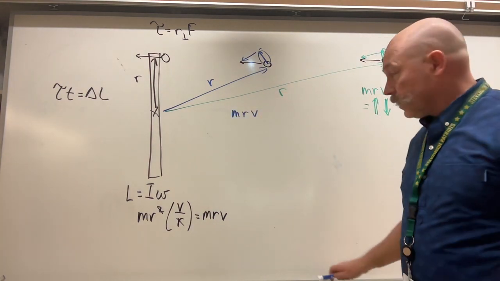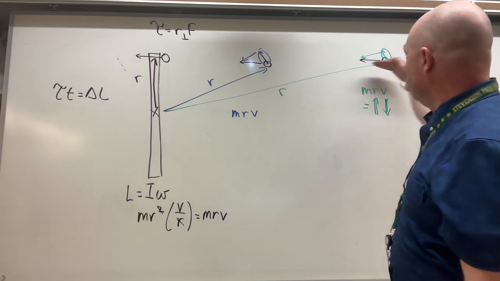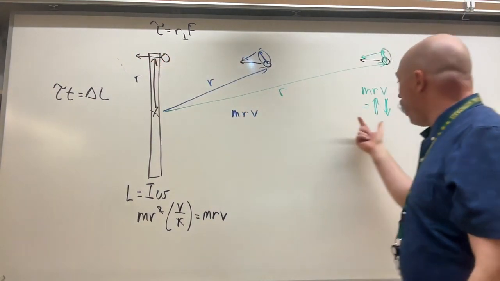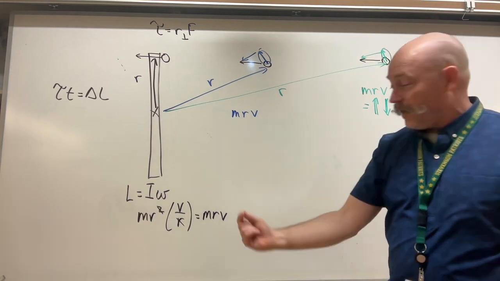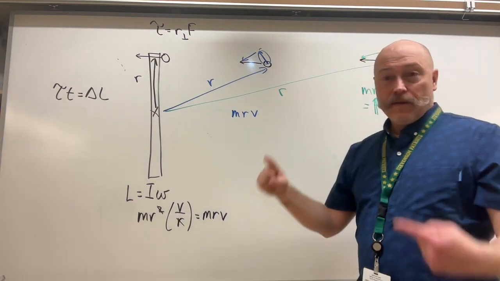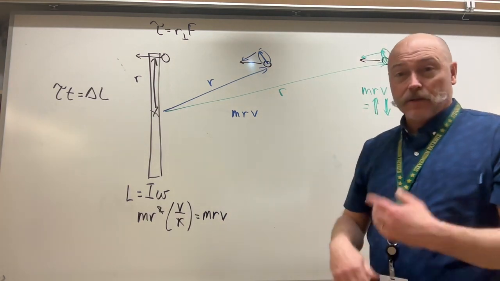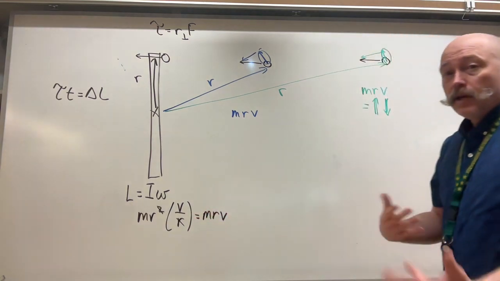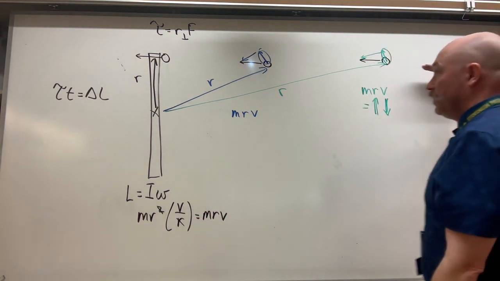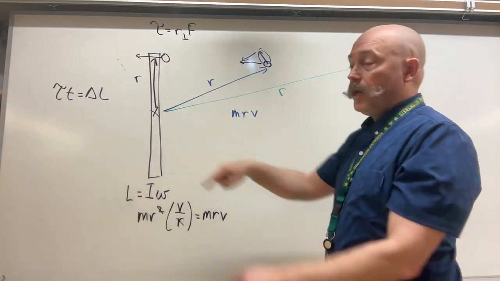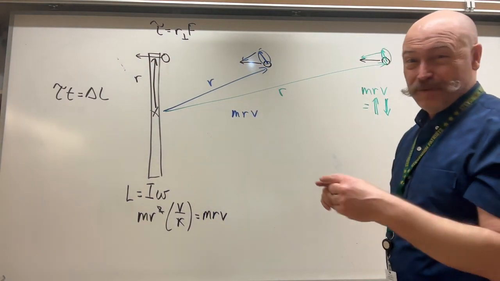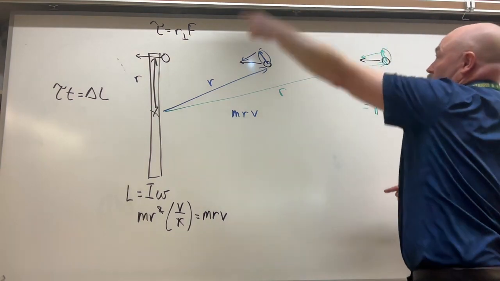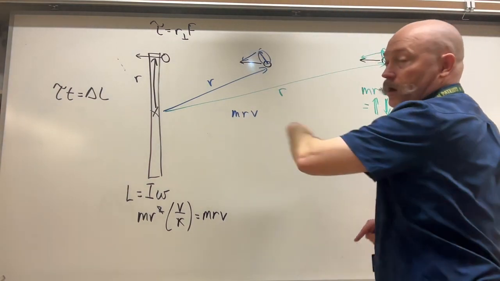So mathematically, as this thing moves closer, R is getting smaller, but the component of V is getting bigger, that V and R are perpendicular. Conceptually, if you were to think about this, as this thing moves out here, it has angular momentum, like it's rotating around there.